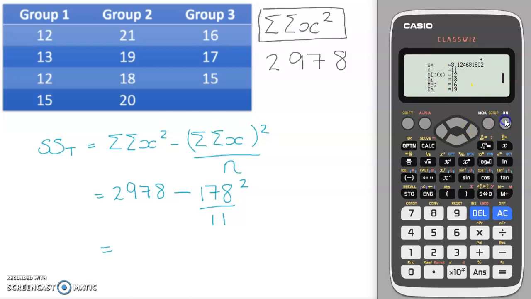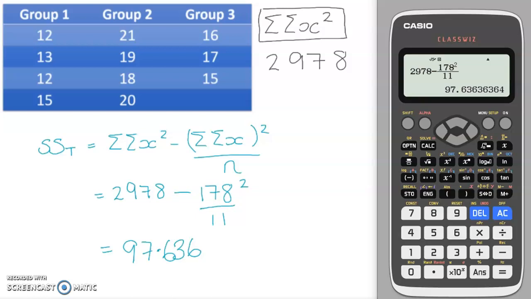So if I go back to menu and just go back to number 1, calculate, and I can put this all in as one sum. 2978 minus, then I'm going to use my fraction button, 178 squared over 11 and equals, and let's not leave it as a fraction, let's have it as a nice value, 97.636.